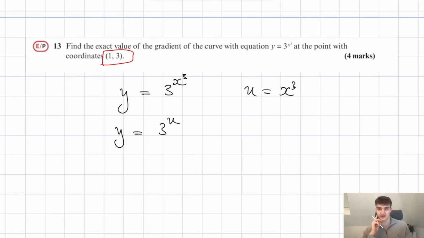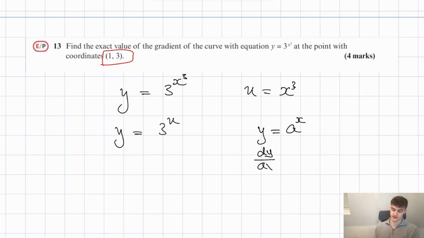Now we could go through and try to derive how to do this again, or hopefully you can remember at this point that if y is equal to a to the x, then dy dx is equal to ln a times a to the x, which we worked out in the previous video.